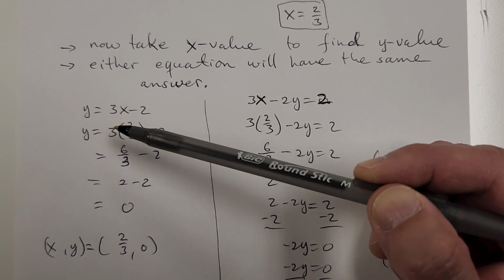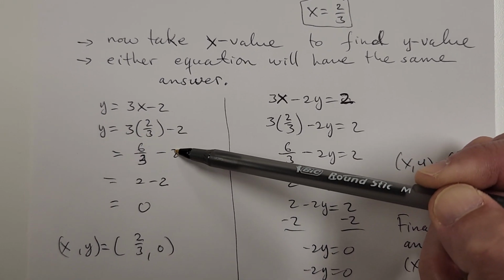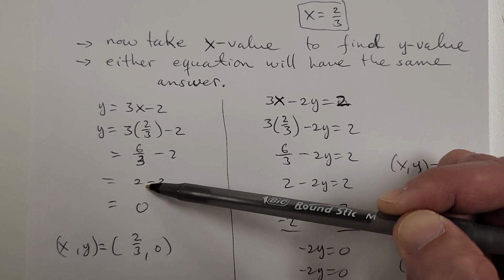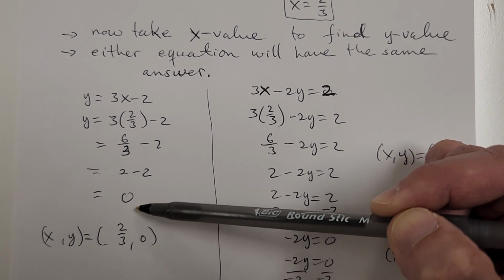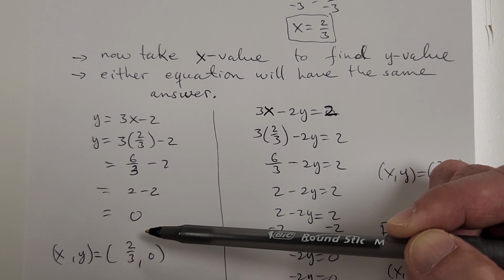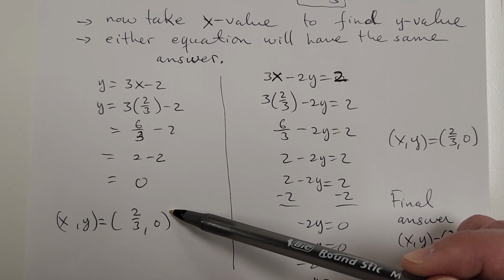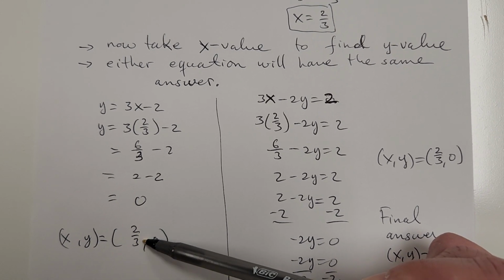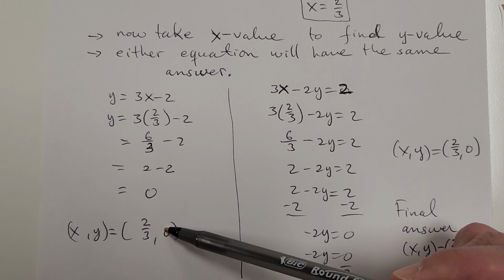Do the multiplication, so 3 times 2 gives me 6. And then minus 2, and then 6 divided by 3 gives me 2, and then 2 subtract 2 gives me 0. So that's my y value. Make sure you put the answer in x, comma, y. So x goes first, then y. So x is 2/3, y is 0. Okay, so that's the answer.